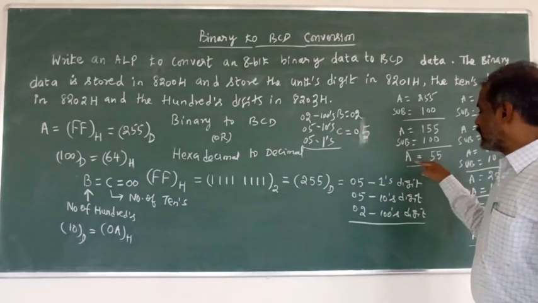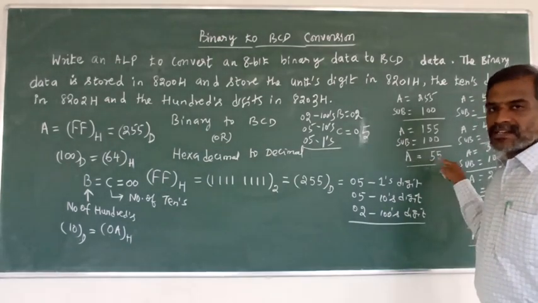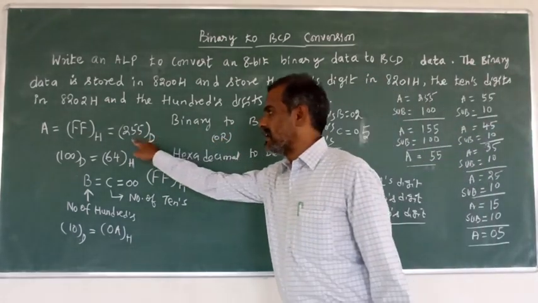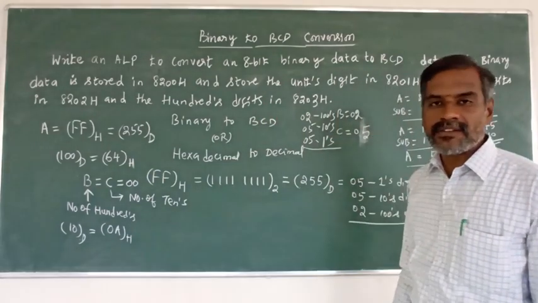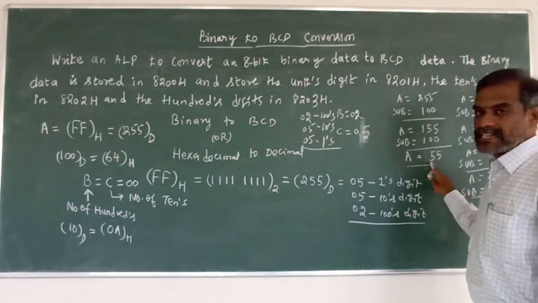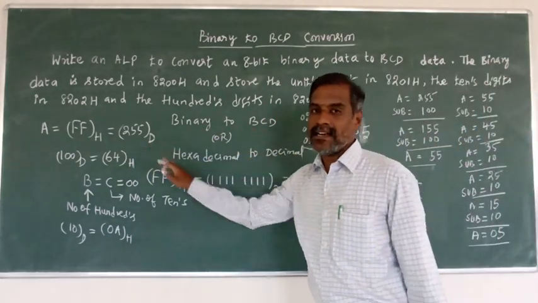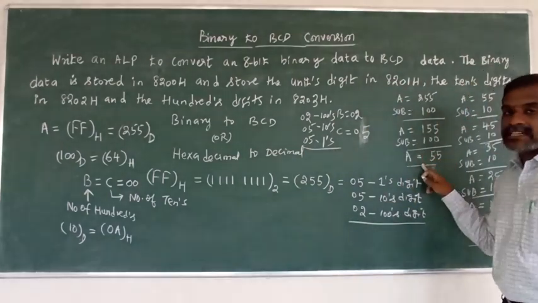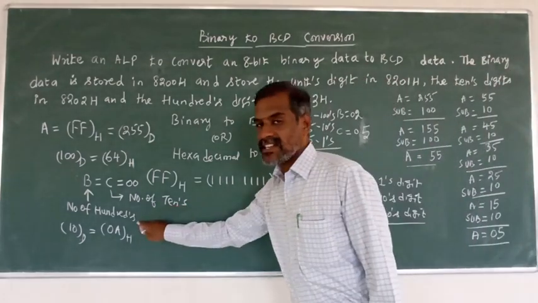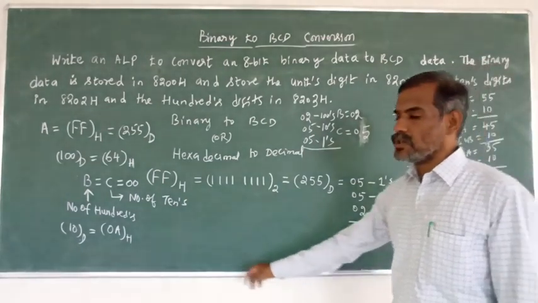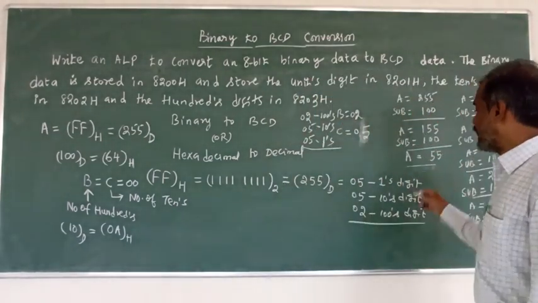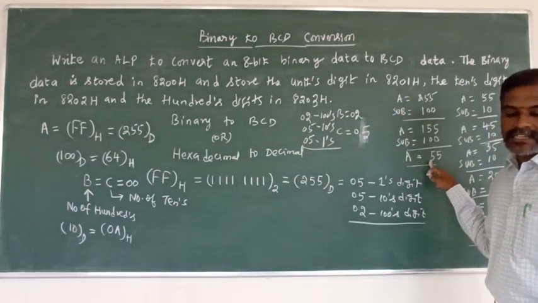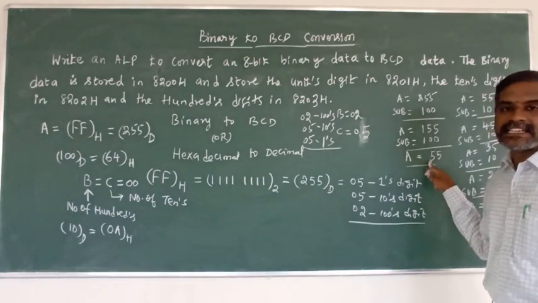After that the accumulator holds 55. Now compare the 55 with the hundreds. Now the carry flag will be set. Why? The accumulator content is less than 100. Now compare with the tens. Tens means 0A. Compare with 0A and check the carry status. Now the carry flag will be in the reset condition.